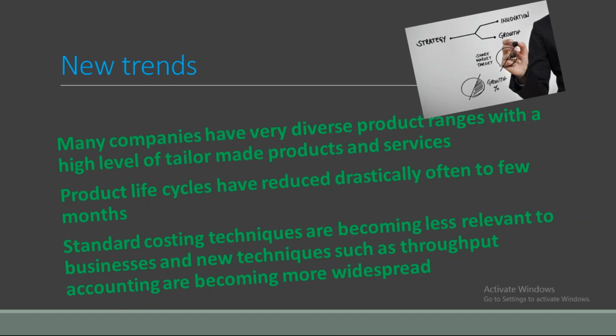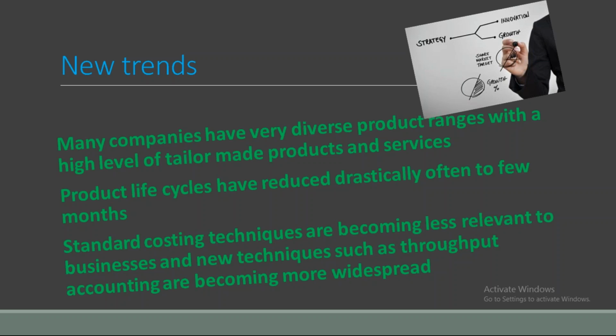The reason being that we have a lot of scenarios where we have to work through. Standard costing is becoming irrelevant, because standard costing is good where you are producing standard quantities, standard quality. But today we live in a world of non-standard quality.